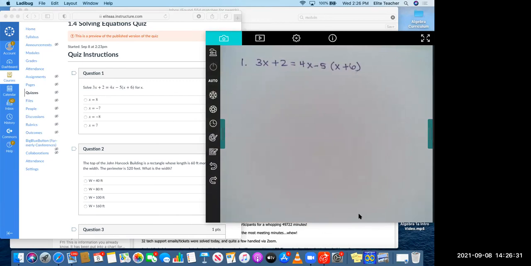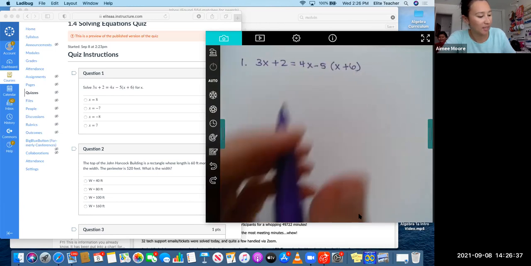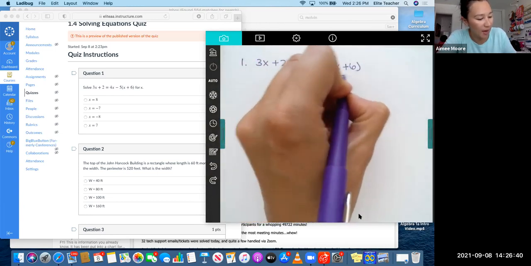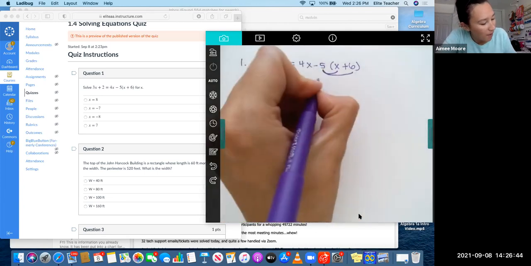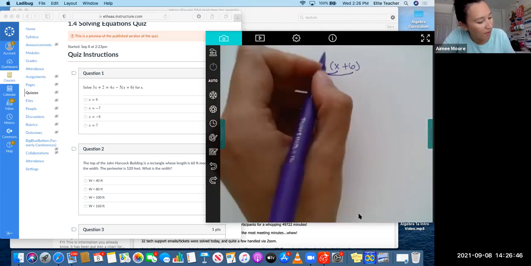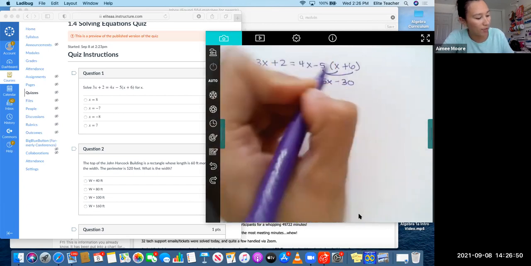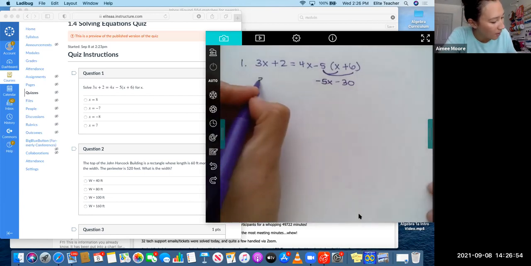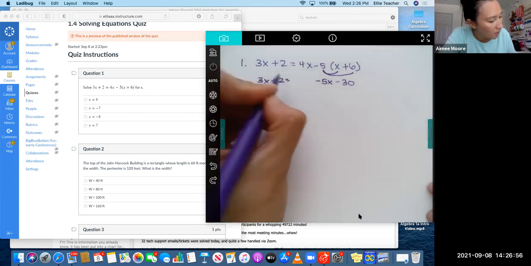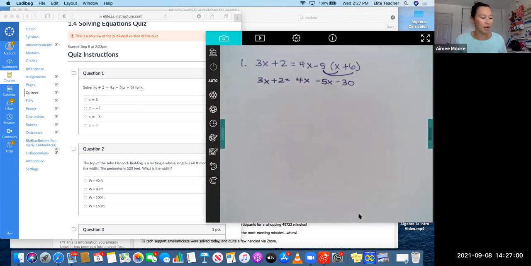Subtract 2 from both sides. Not yet. Parentheses. Yes, we have to do our parentheses first. So we're going to distribute that -5 to everything in the parentheses. So -5 times x, which is -5x, -5 times 6, which is -30. And then we'll bring everything else down. So 3x plus 2 equals 4x minus 5x minus 30.